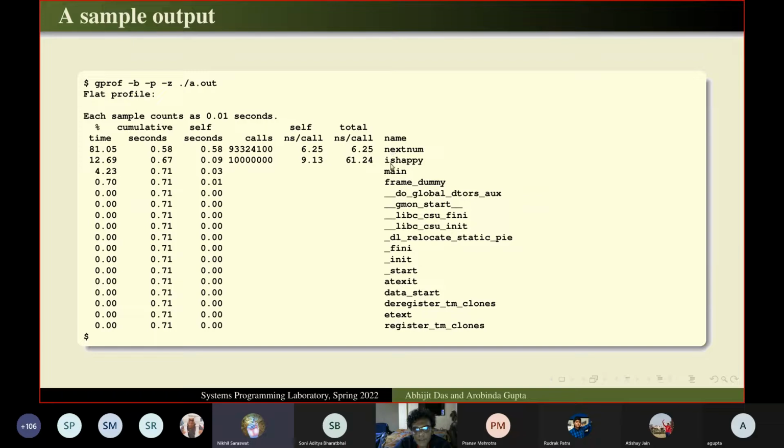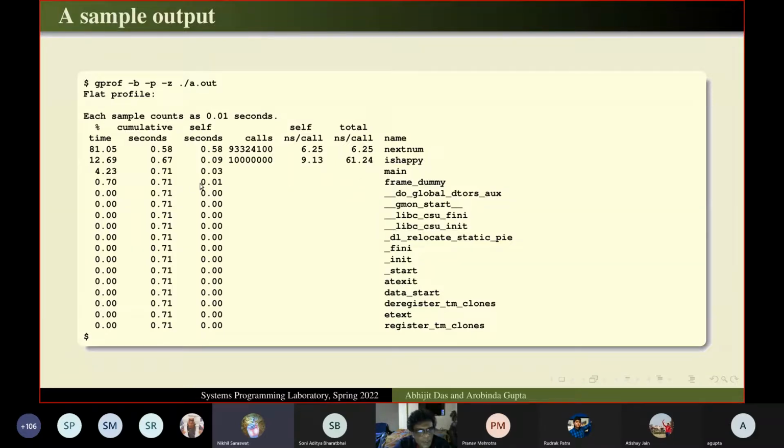Next number is happy, main. These are some of the functions that you wrote. The remaining functions, frame_dummy, do_global_dtors_aux, whatever, __gmon_start__, and so on, are all functions not written by you. Somehow these are still executed, because during runtime these functions appear.